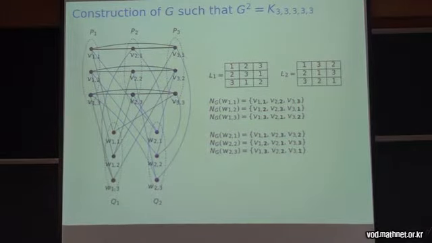Also because of that structure, we can show that G squared is K333.